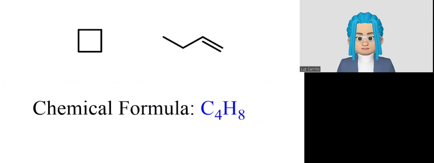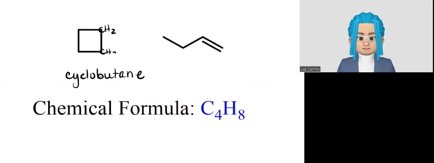On the left, we have cyclobutane. And we can observe how this molecule has 4 carbons and 8 hydrogens.